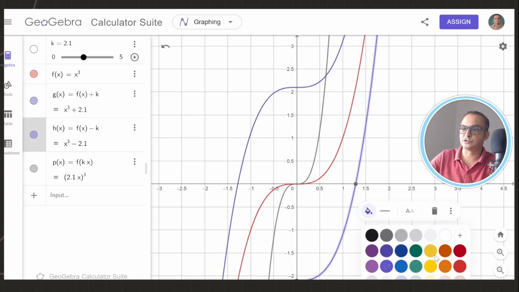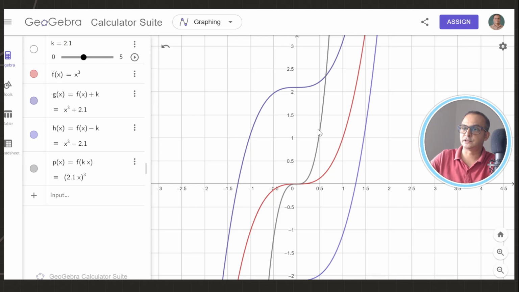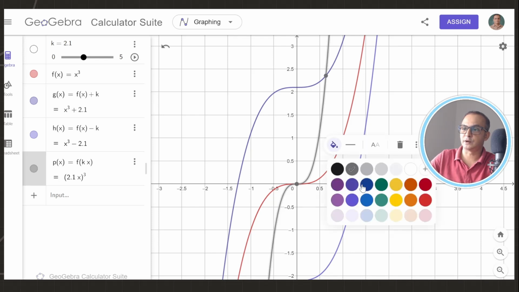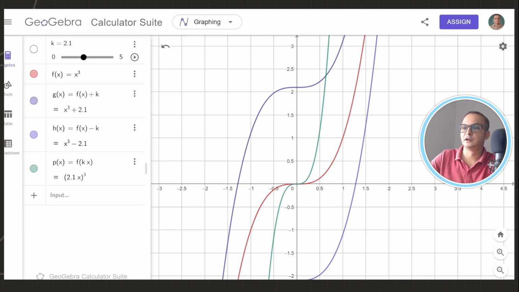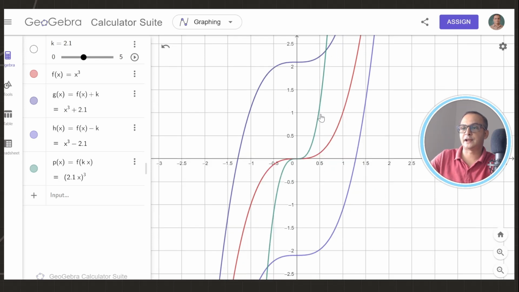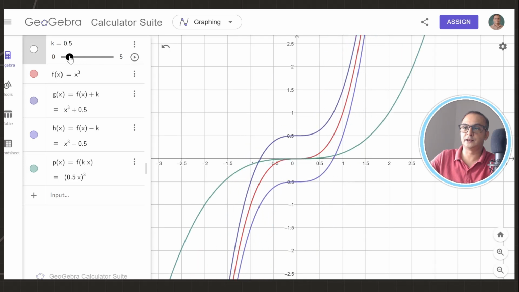Let us change, yeah, that's okay. So I change this gray to some other teal. So now you can see that this dilation is happening, but these two are shifting. When I go to less than 1, the shift will be different, but you can say dilation is now stretched.